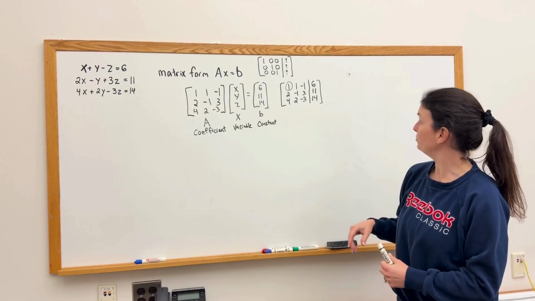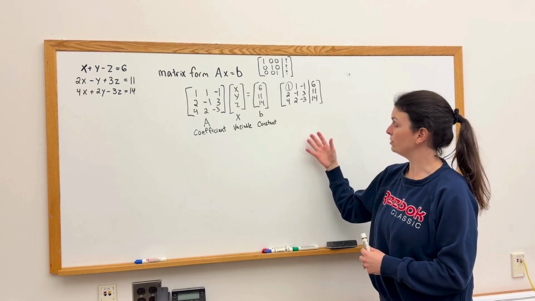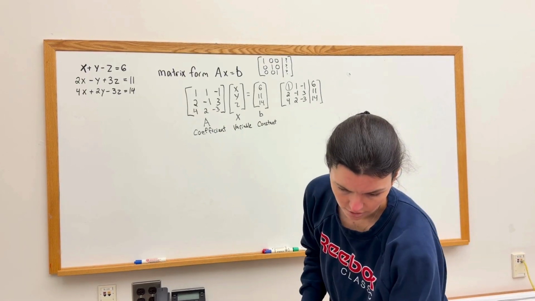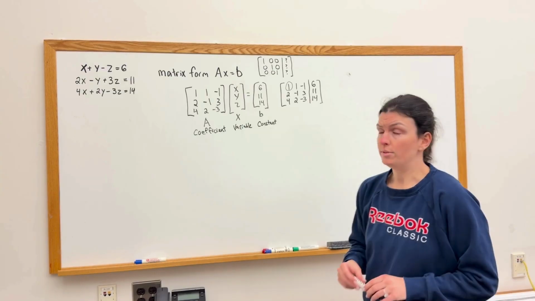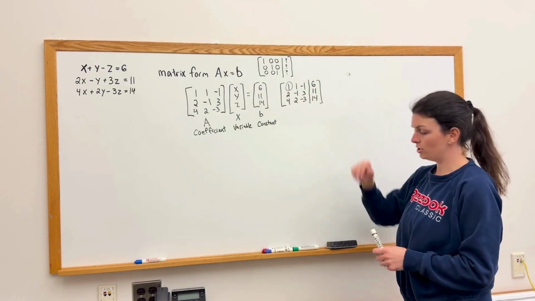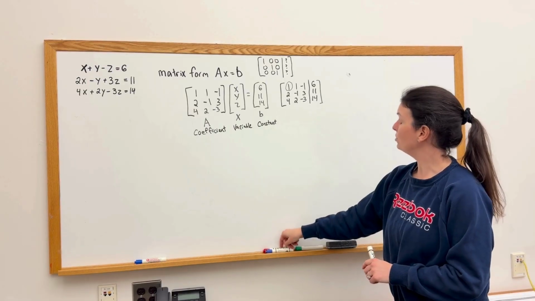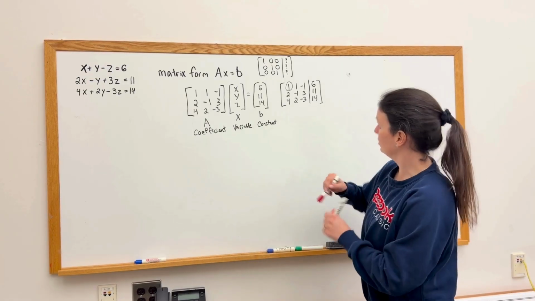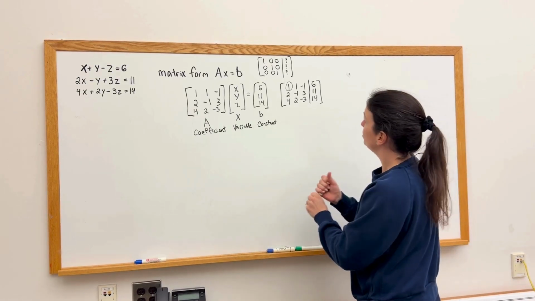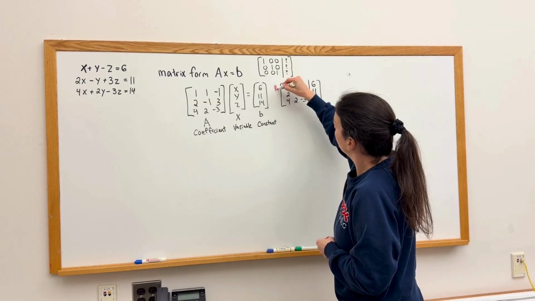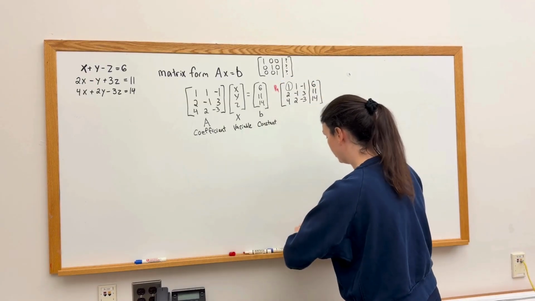Well, we can use Gaussian elimination and transform each of the rows. So let's do red, green, blue. This is row 1. Let's set these markers up.